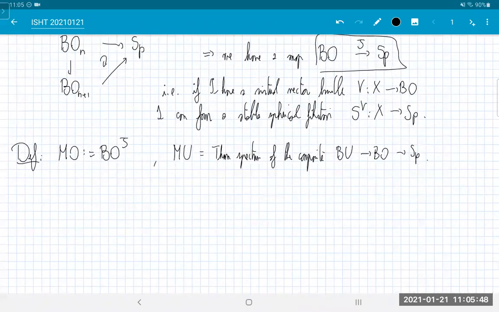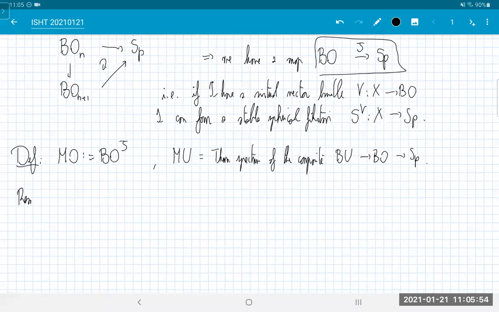Okay, but first, unfortunately, I made a mistake and I have to put you a remark. So suppose that S from X to pointed spaces and S prime from X prime into pointed spaces are spherical fibrations.